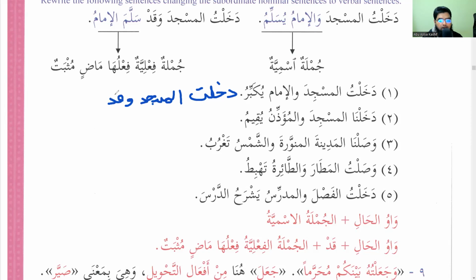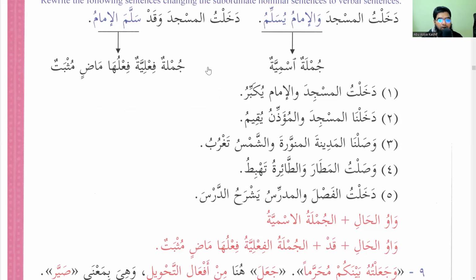You have to say waqad and use madi. So kabbara yukabbiru, waqad kabbara al-imamu. Right? Dakhaltu al-masjida. This is masjid, by the way. Waqad kabbara al-imamu. So use it with qad.